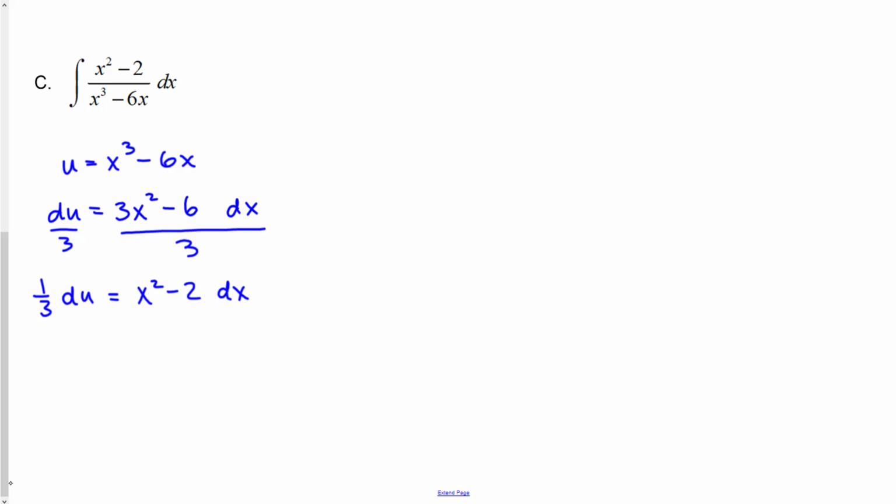And that matches the numerator. So all we need to do is say this is 1/3 times the natural log of the absolute value of the denominator. And again, if you're uncomfortable with that, go ahead and fill in the steps and prove it to yourself.